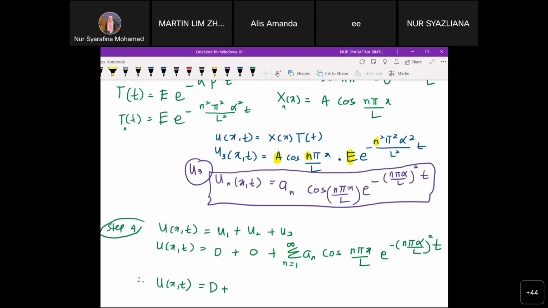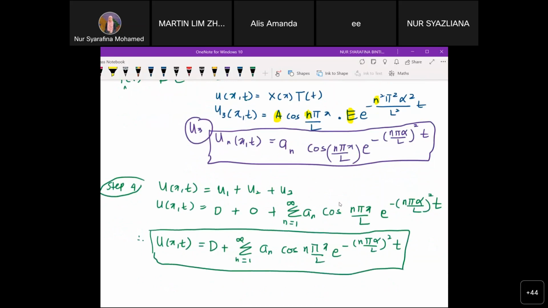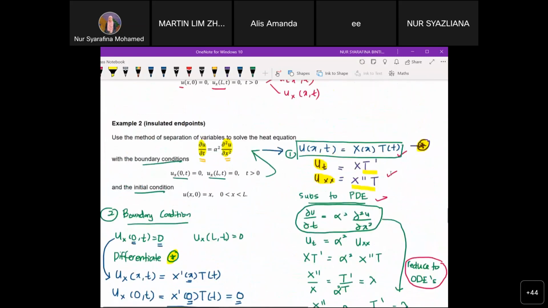D plus 0 is 0. Clear or not? So now this is the solution. This solution comes from the expected solution of u(x,t) here. This is our expected solution.